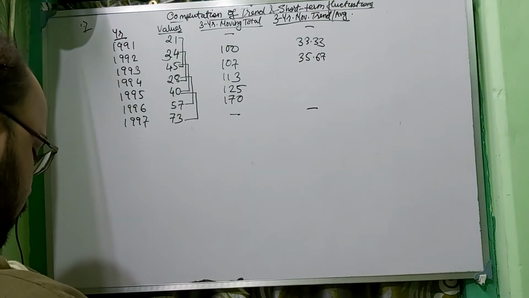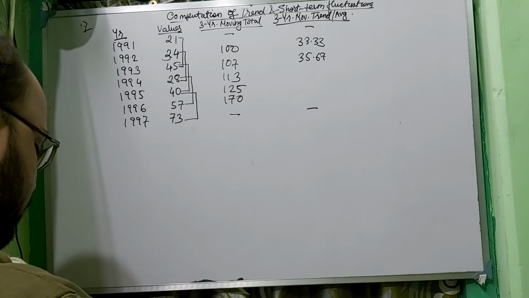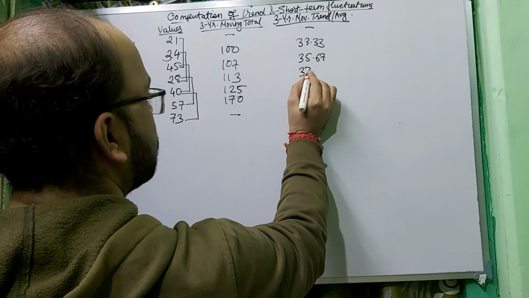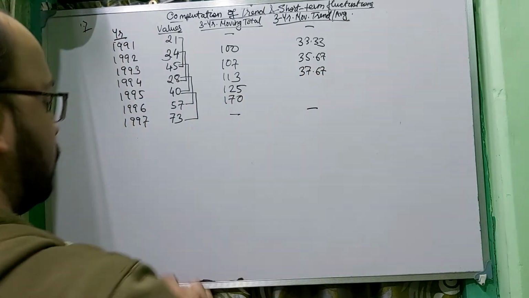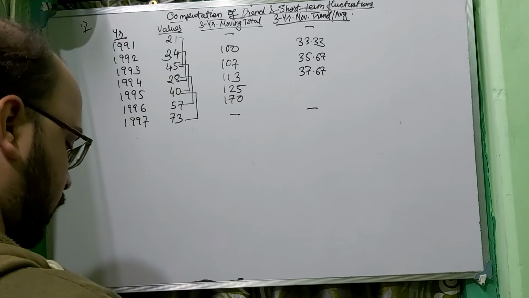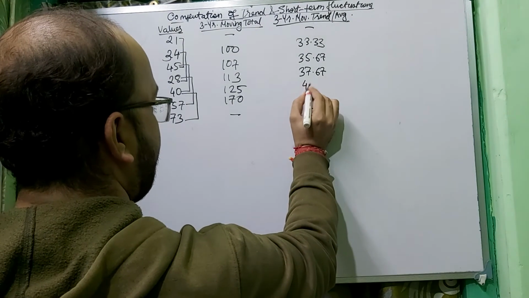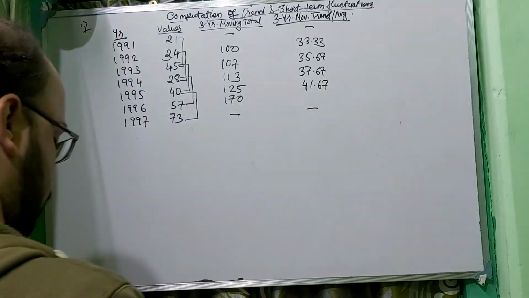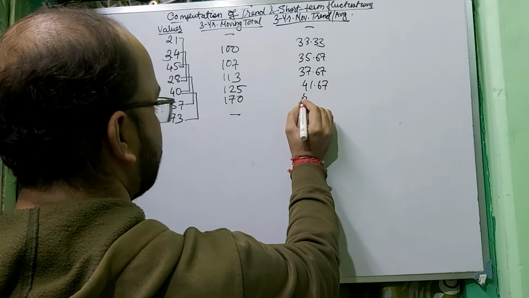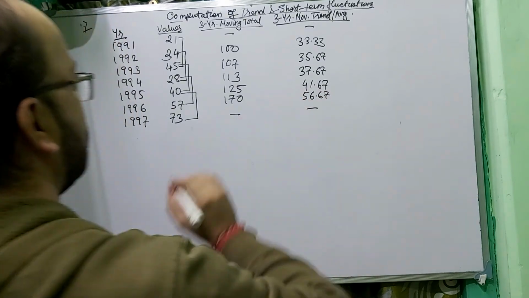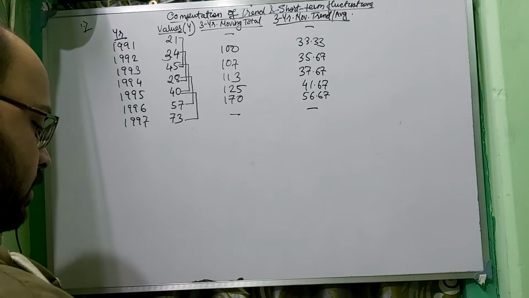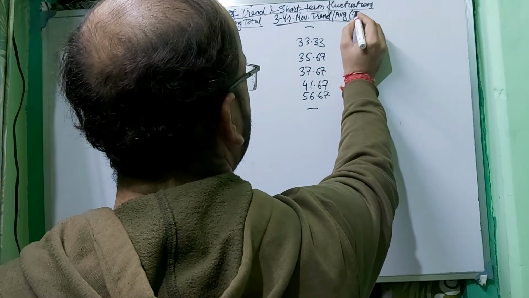Next, 113 divided by 3 is 37.67. Next is 125 divided by 3, it is 41.67. And 170 divided by 3 is 56.67. Suppose this is the value, meaning this is y, and this is the trend, meaning this is t.